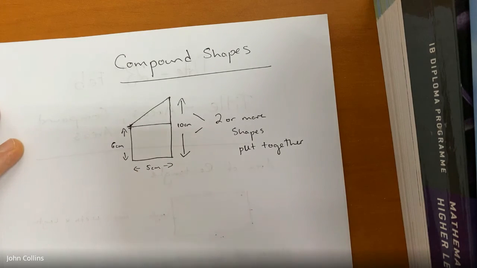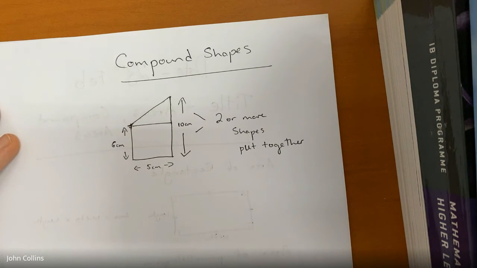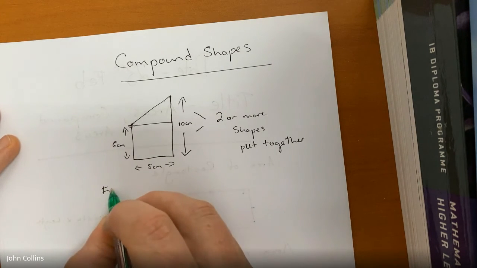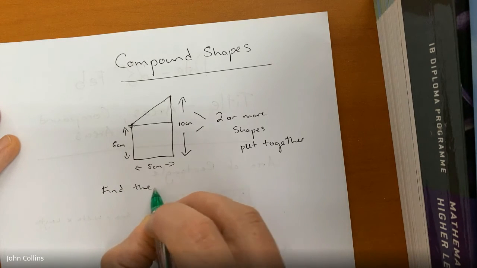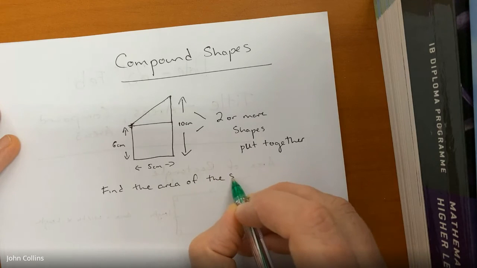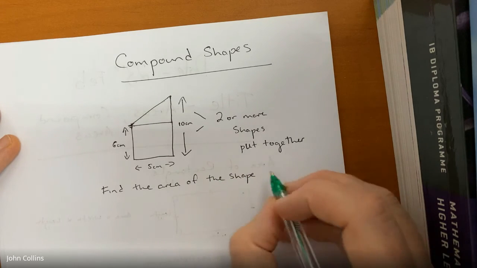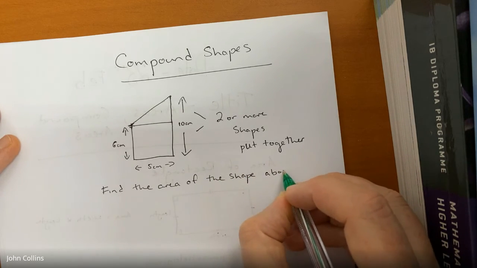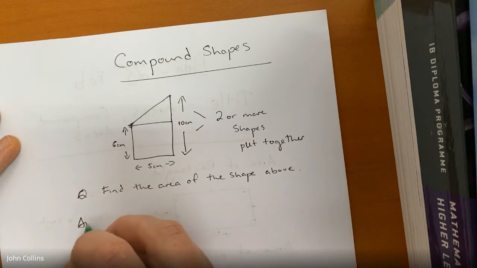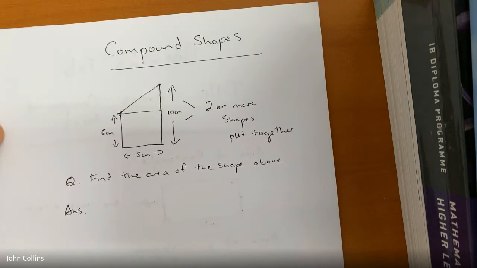So let's see, can anyone figure out what the area for that is while I do it here. So this is the question. Find the area of the above shape. That'll be the question. You were too quick off the mark there.